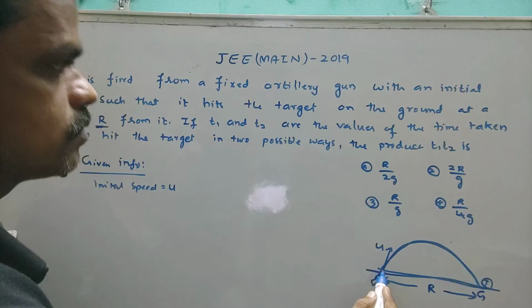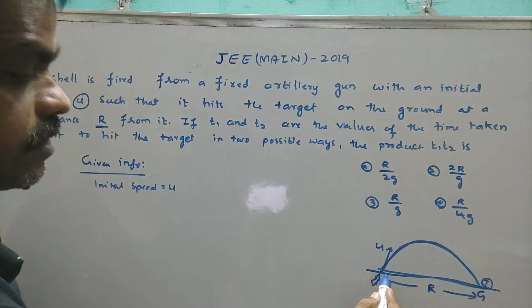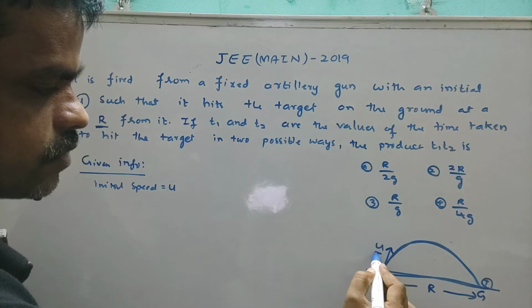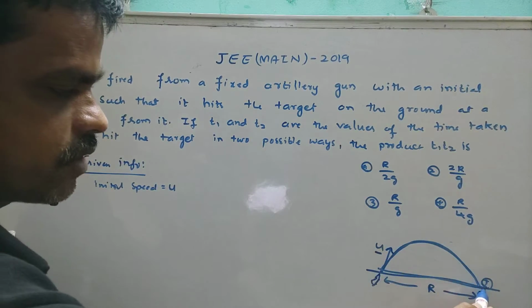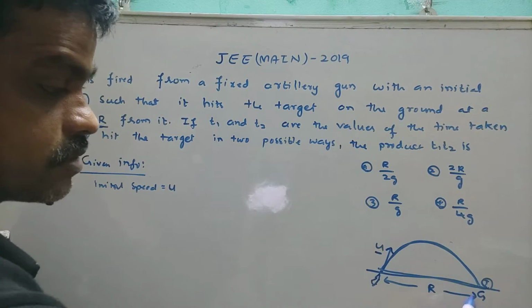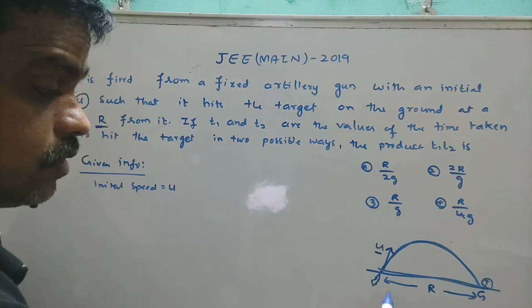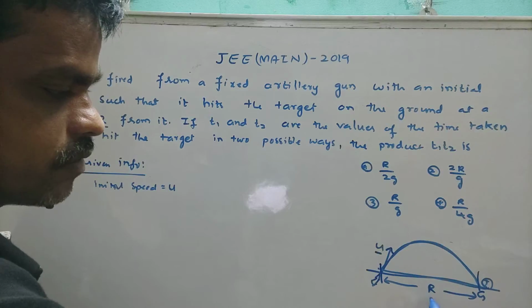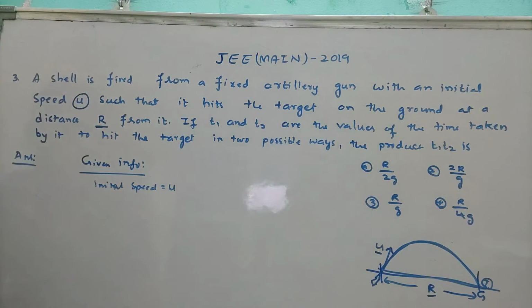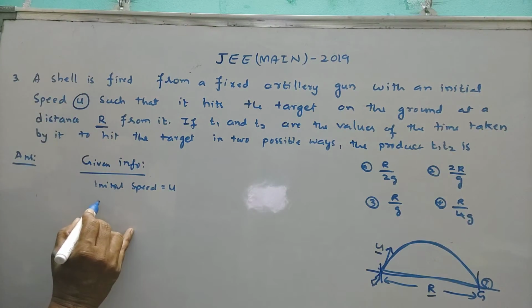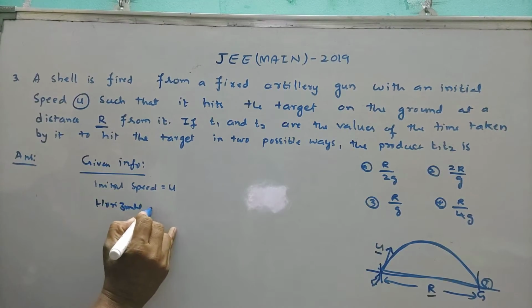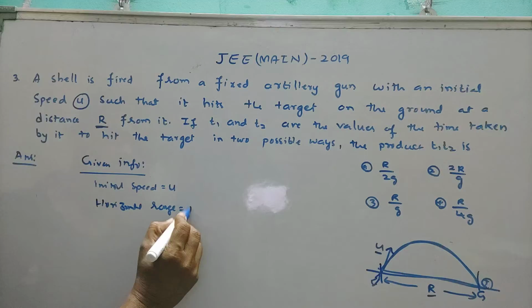The gun fired a bullet with initial velocity, and it reaches the target here on the ground. So the distance between the gun and target is the horizontal range, that is equal to r.